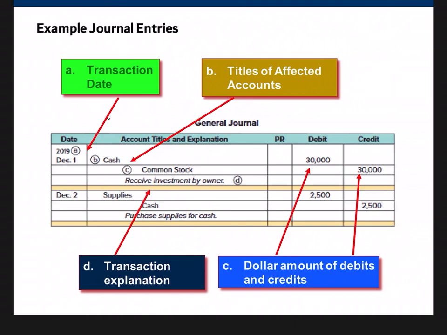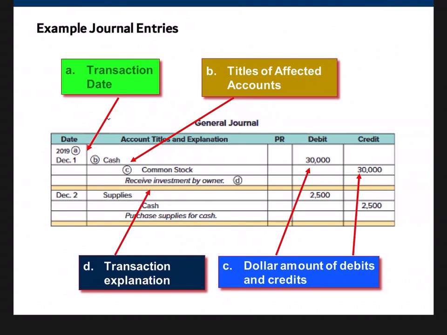Now let's modify our assumption just a little bit here. Let's assume that we bought supplies and we decided to pay on account, meaning that we acquired supplies today and made an agreement with the vendor from whom we're acquiring the supplies to pay for those supplies at some point in the future, say 30 days or 45 days in the future. If that's the case, we have a liability, a debt that we now owe to that vendor. We would typically recognize that by recording a credit entry to accounts payable.